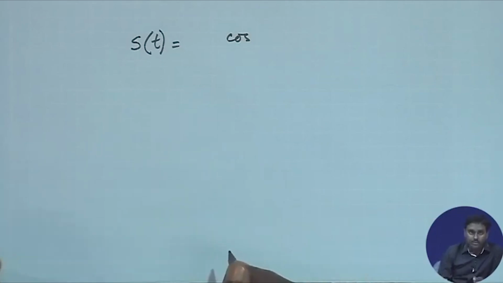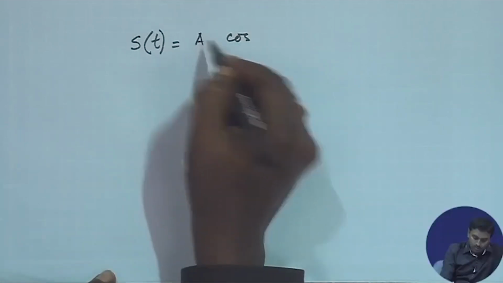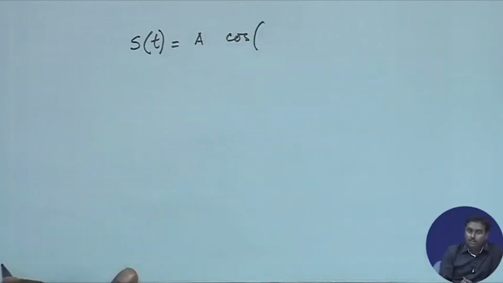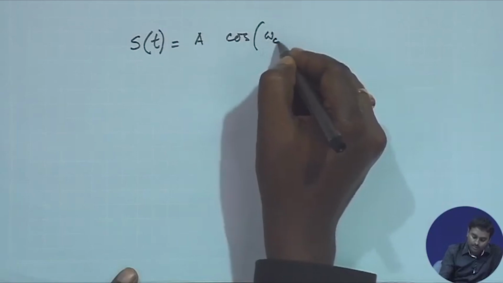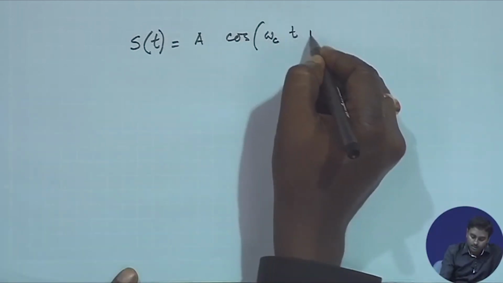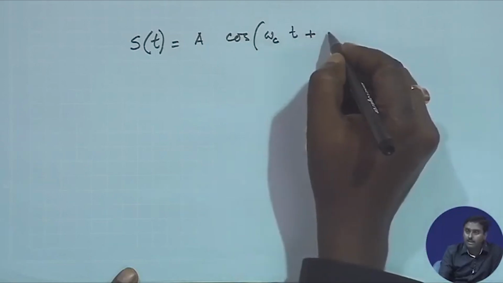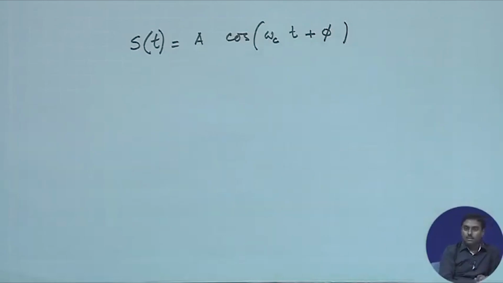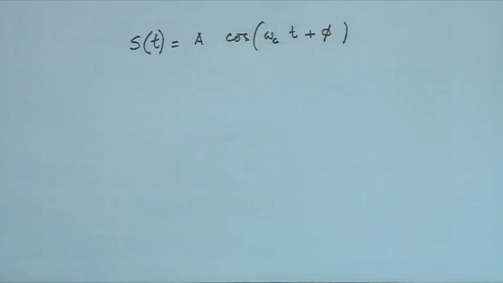One is the amplitude of this cosinusoidal, which I can write as A. The other one is the frequency, which I can write as omega c or 2 pi fc, into t, plus there should be a phase, right? Let us call that phi. So this is a cosinusoidal at frequency omega c, and because this is at some frequency, we call that a carrier.